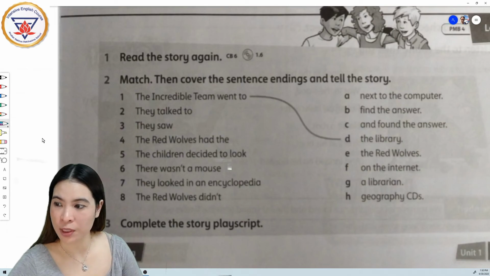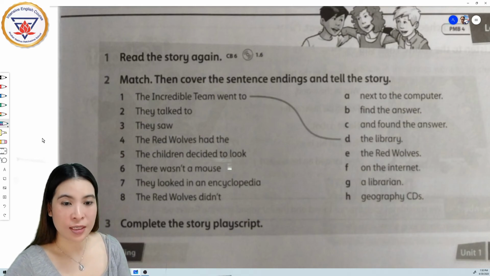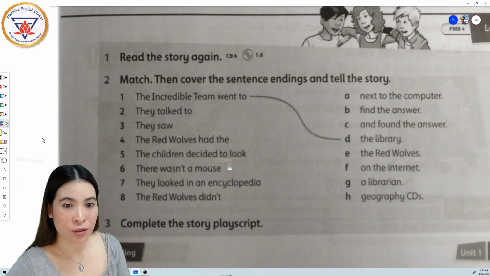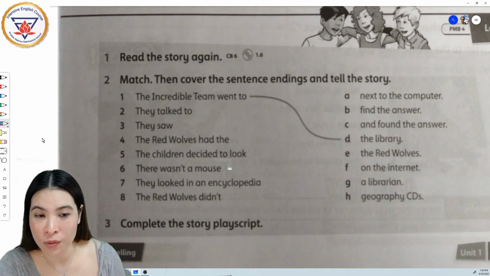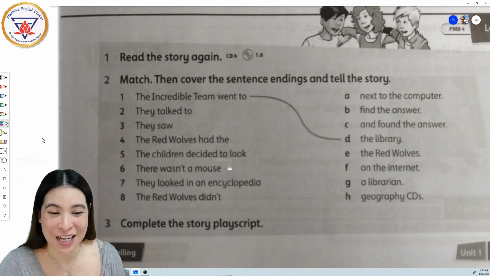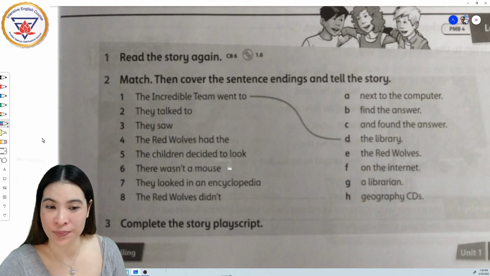Hope you can see. Okay. Number 2. They talked to... A lot of you didn't think, you just want to copy my answer into your book, right? Please think and help me. That will help you too.